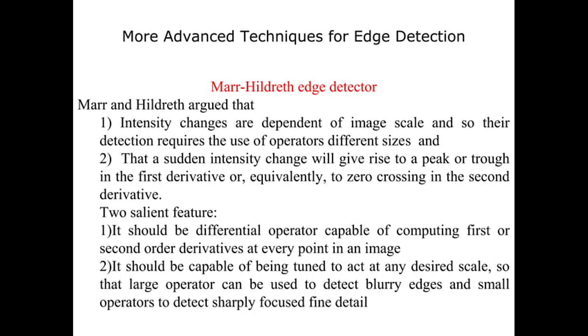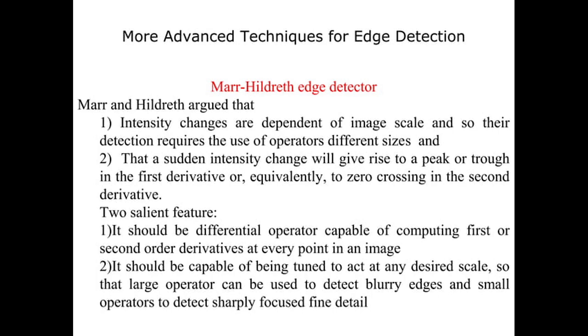So our differential operator should be capable of computing both first order and second order derivatives. What is the second important feature? It should be capable of being tuned to act at any desired scale. Whether the image is of small scale or big scale, the operator should be capable of acting at any desired scale, so that a large operator can be used to detect blurry edges, as well as a small operator is able to detect sharply focused fine details.